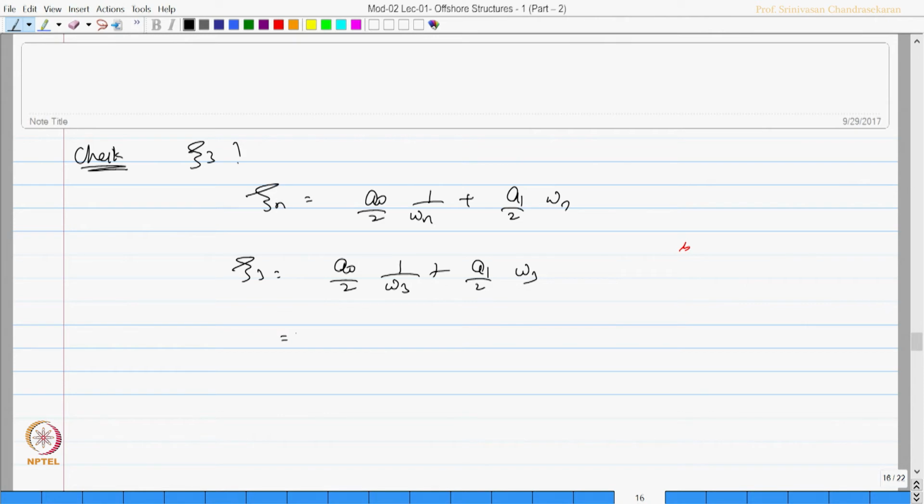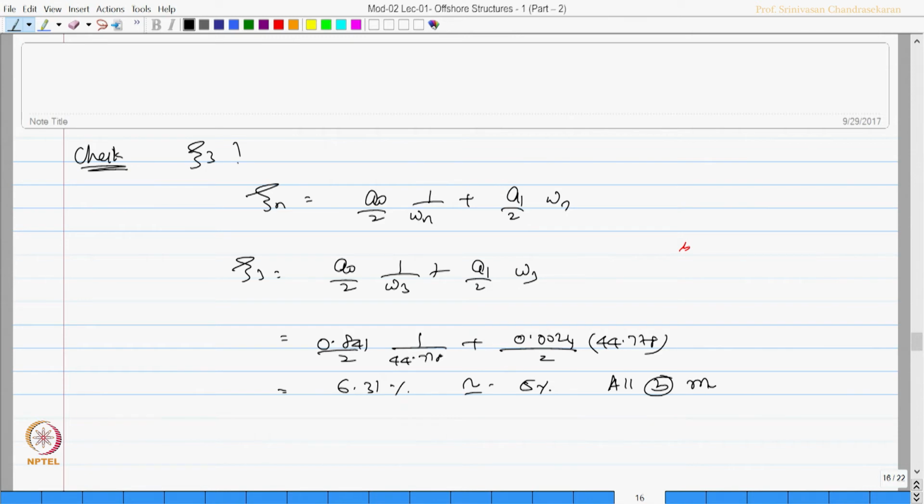A 0 we know is 0.841, omega 3 is 44.778, and A 1 is 0.0024. When I estimate this, I get 6.31%, which is very close to 5%. Hence, we can say all three modes contribute to the response.